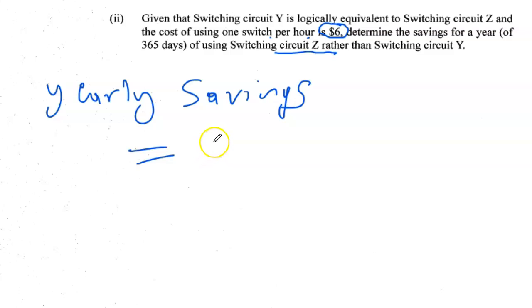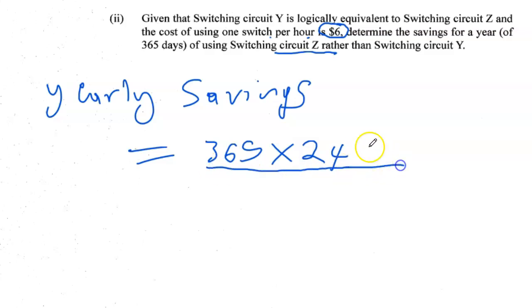So a year has 365 days. So a year has how many hours? A year has 365, and a day has 24 hours. So a year has 365 times 24 hours. And then for each hour, you'll be saving $6.